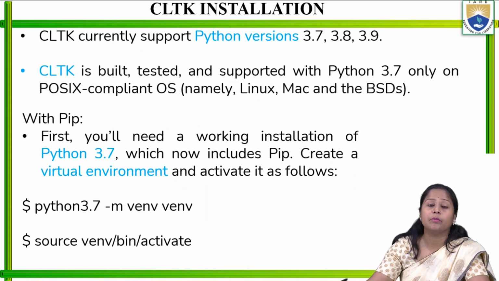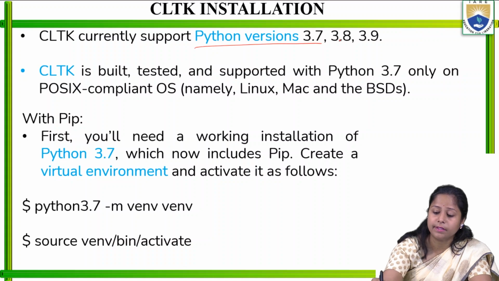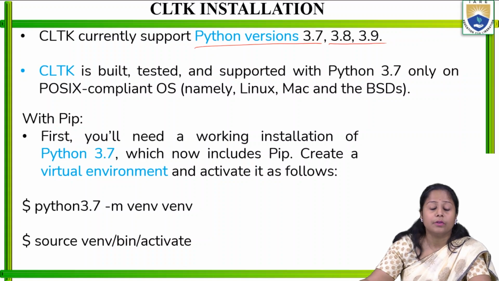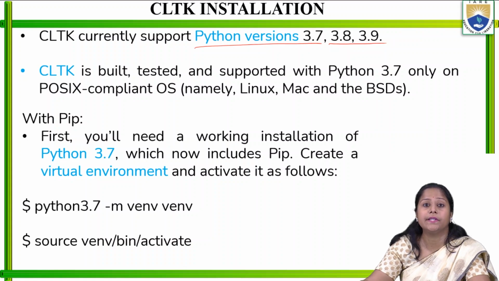Next, I am going to tell you how to install the CLTK library. Basically, CLTK currently supports Python versions 3.7, 3.8 and 3.9. So, before using the CLTK library, we need to install the Python programming language.